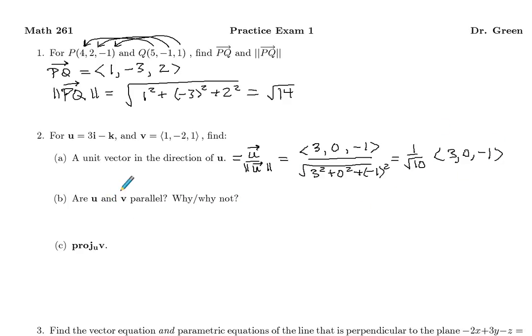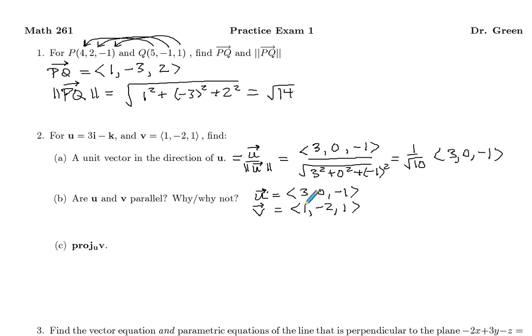Are the vectors u and v parallel? Remember that two vectors are parallel only when they are multiples of each other. So if you compare these two vectors, u is 3, 0, negative 1 and v is 1, negative 2, positive 1.